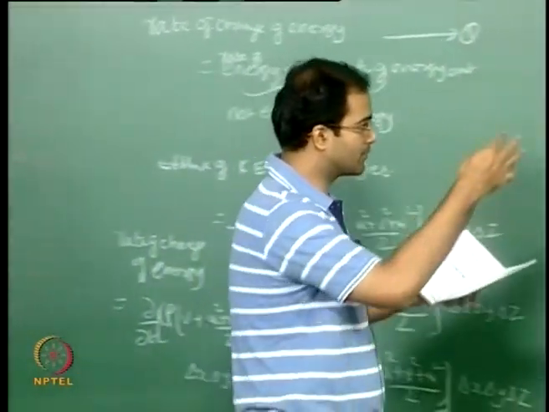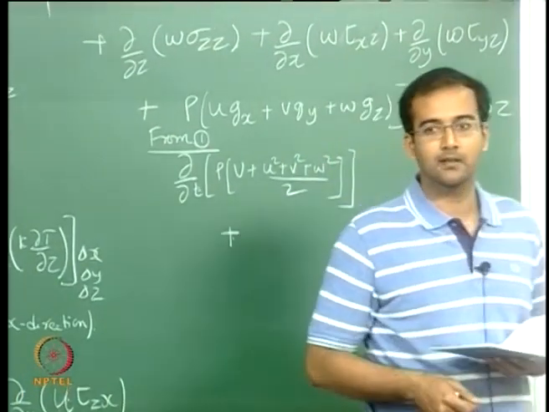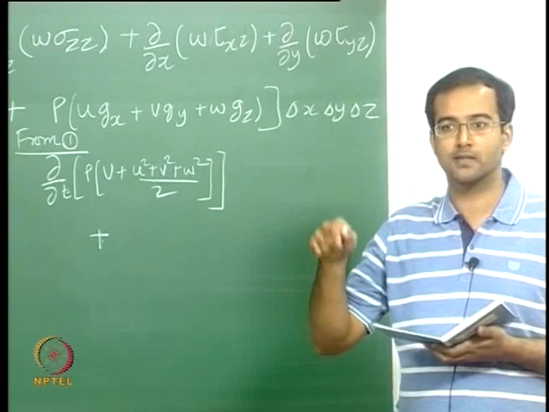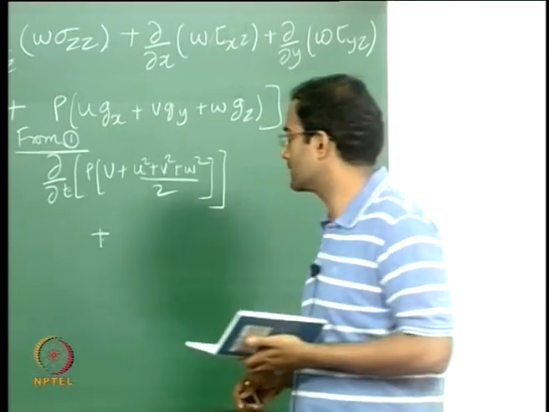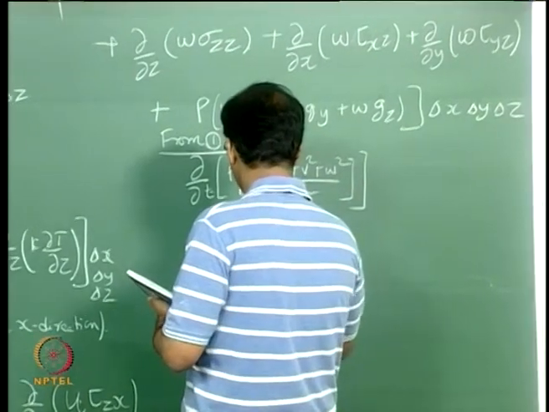I am just going to first write it down and then combine the convective terms and the rate of change terms into one single total derivative for a compact notation. So right now I will just write it in the full form.